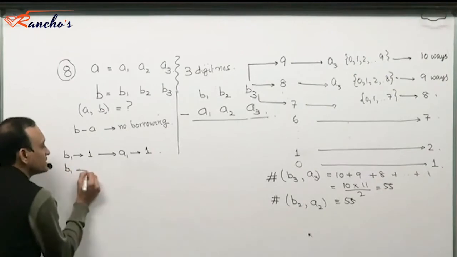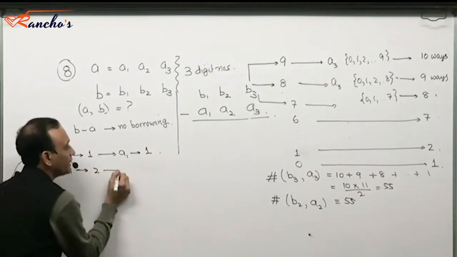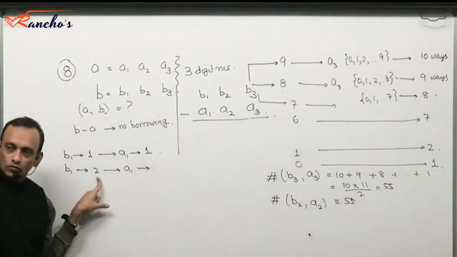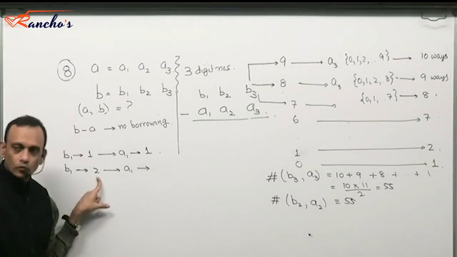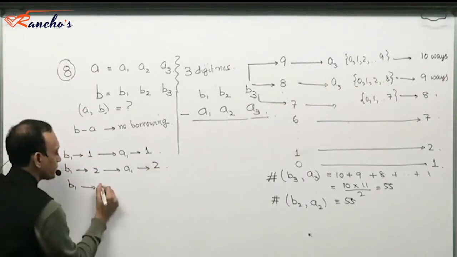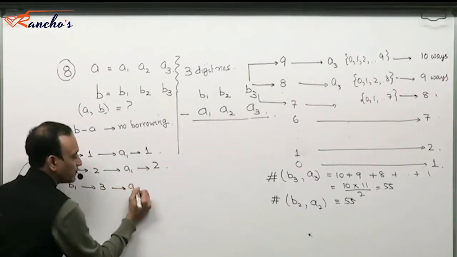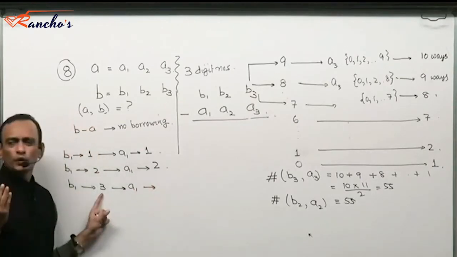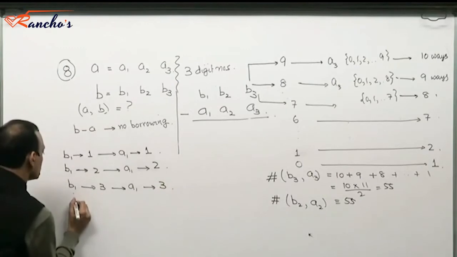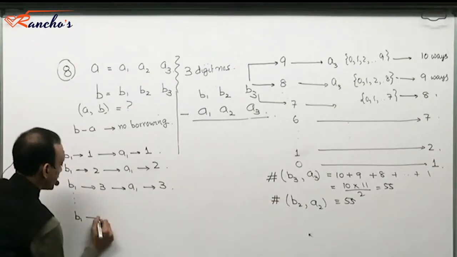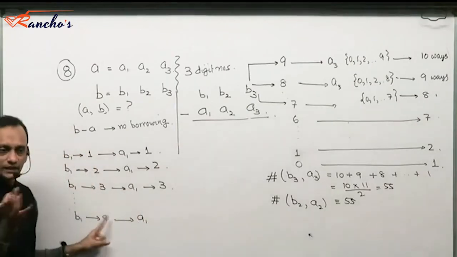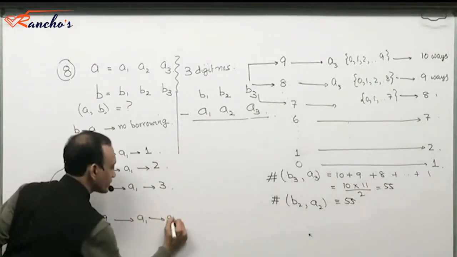Suppose b1 is 2. Then a1 can be selected in how many ways? 1 and 2? 2 ways. If b1 is 3, then a1 can be 1, 2, 3? 3 ways. Similarly, when b1 is 9, then a1 similarly can be 1 to 9, anything? 9 ways.